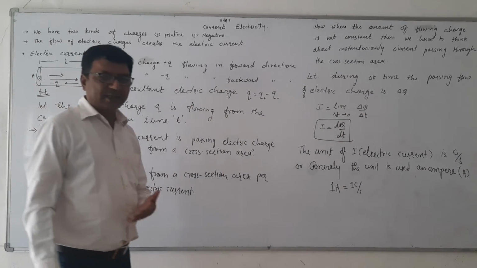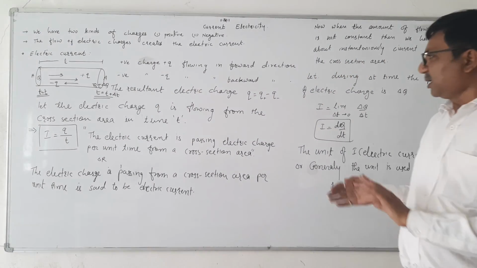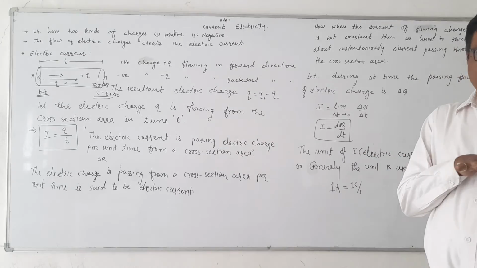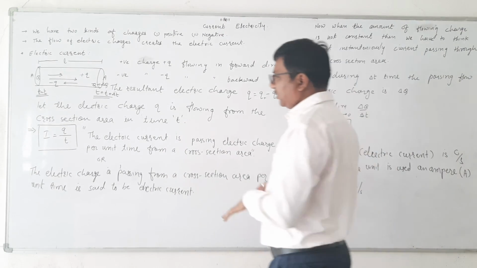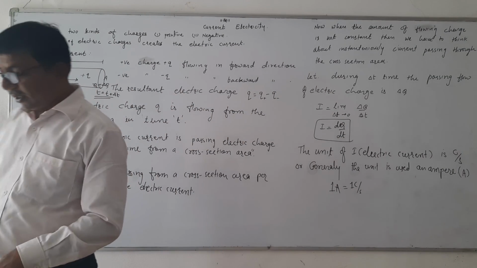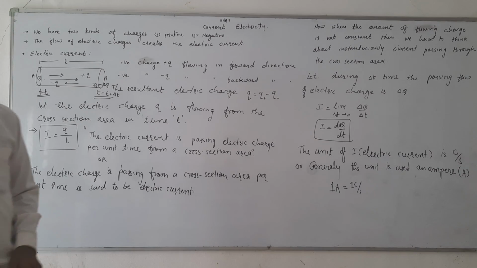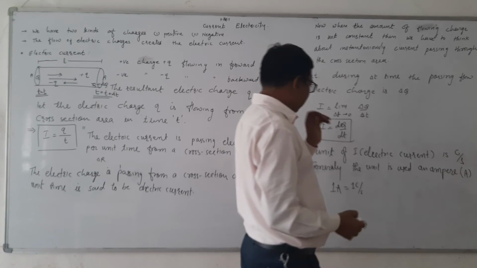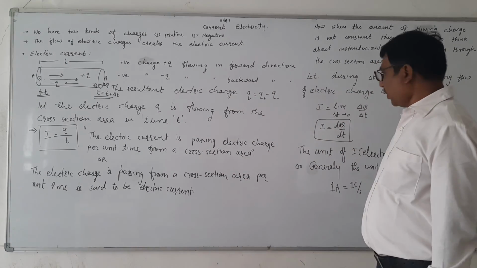So friends, today we have only started the third chapter, and please memorize the initial important points so you can understand the rest of the whole chapter, because this is the continuity of the chapter. So you have to memorize today's lecture, the introduction of electric current, and these two formulas.